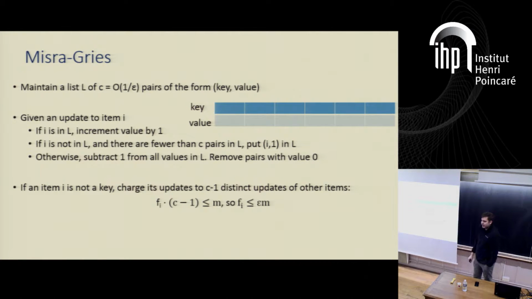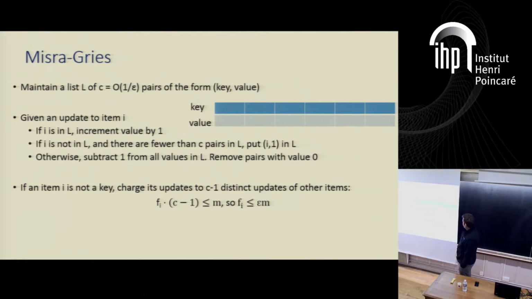This means that for each update to item I, in this third case, I'm subtracting off C updates in the stream, 1 from each of these keys, instead of putting item I into that list. So basically, I can charge the updates to item I to C other values inside of this list.